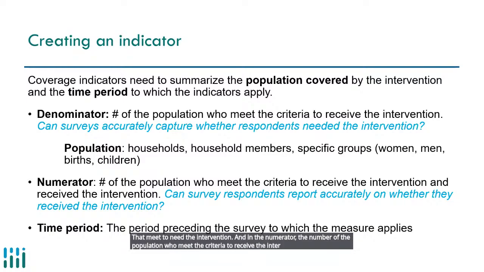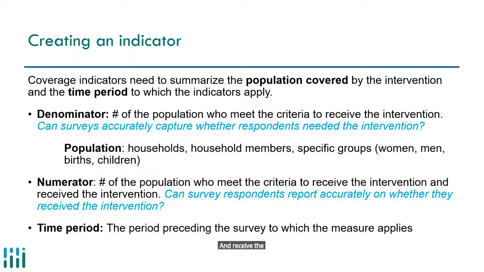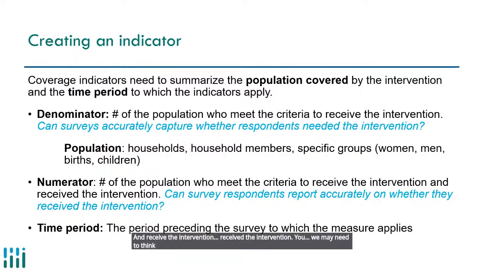And in the numerator, the number of the population who meet the criteria to receive the intervention and receive the intervention, we may need to think about, can survey respondents actually report accurately on whether they received the interventions?